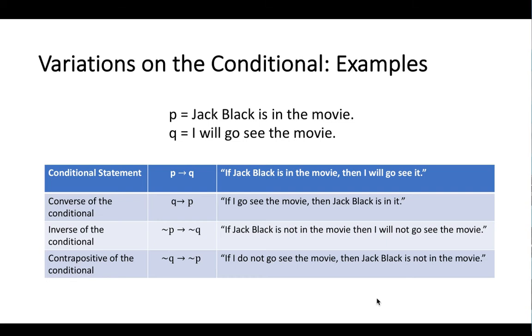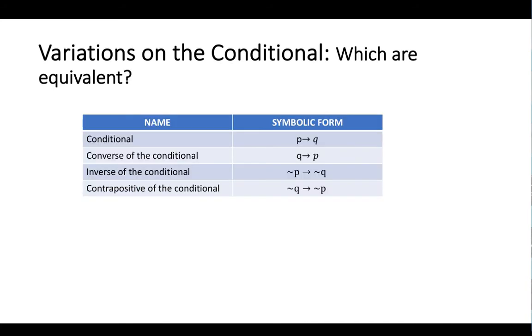Now we want to talk about which of these variations are equivalent to each other, if any. So here again is the summary of all of the different variations. How are we going to determine which are equivalent? Well, remember from the previous screencasts, we need to look at the truth tables. If the truth tables are identical, then the statements are equivalent.